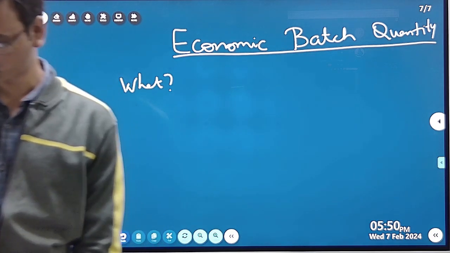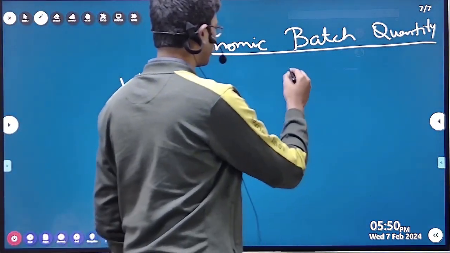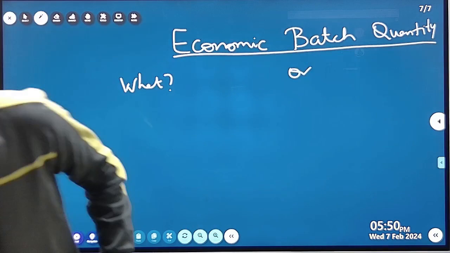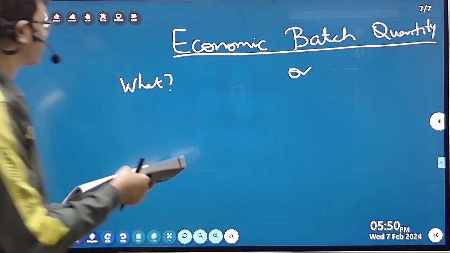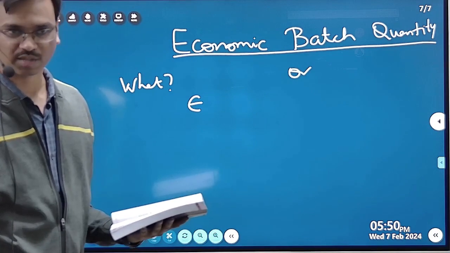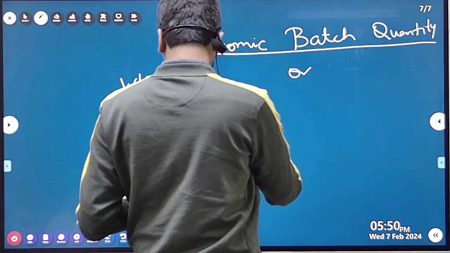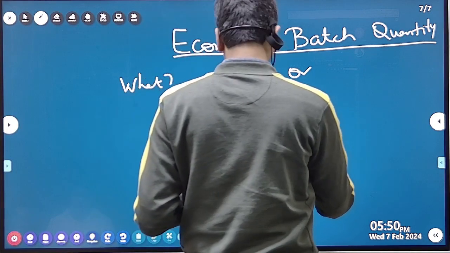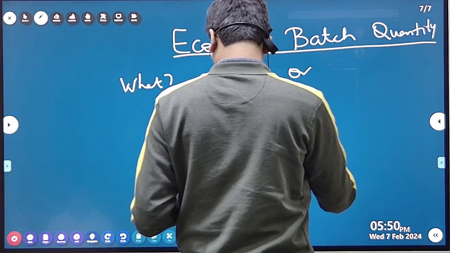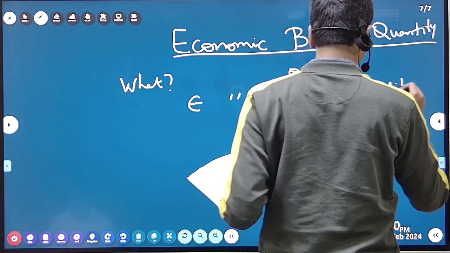Correct, correct. So to explain it, there are many names for this. I will write down all of those names so that if they ask in a different way in the exam, you don't get confused. So remember what this is called. EBQ, or economic order quantity, EOQ, right?